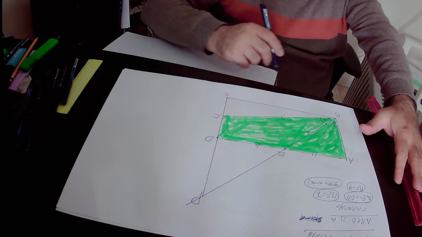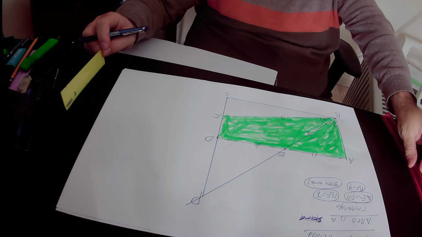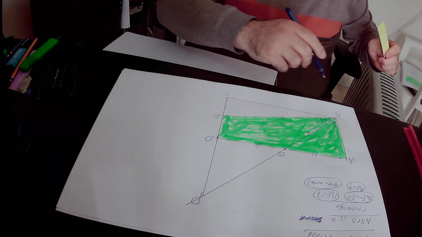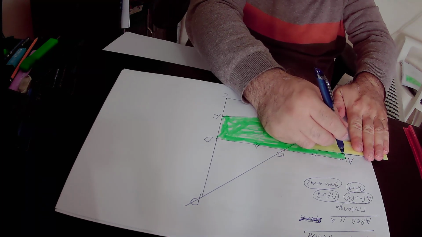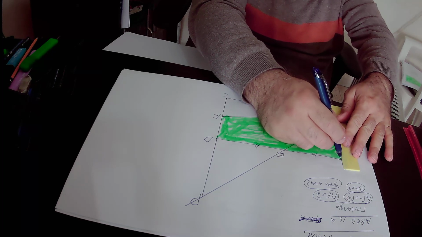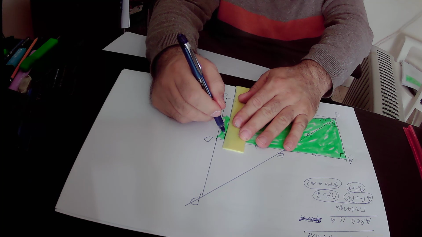We also know that all the angles inside the rectangle are right angles, therefore ABCD is a rectangle, so this angle equals 90 degrees. This angle also equals 90 degrees.